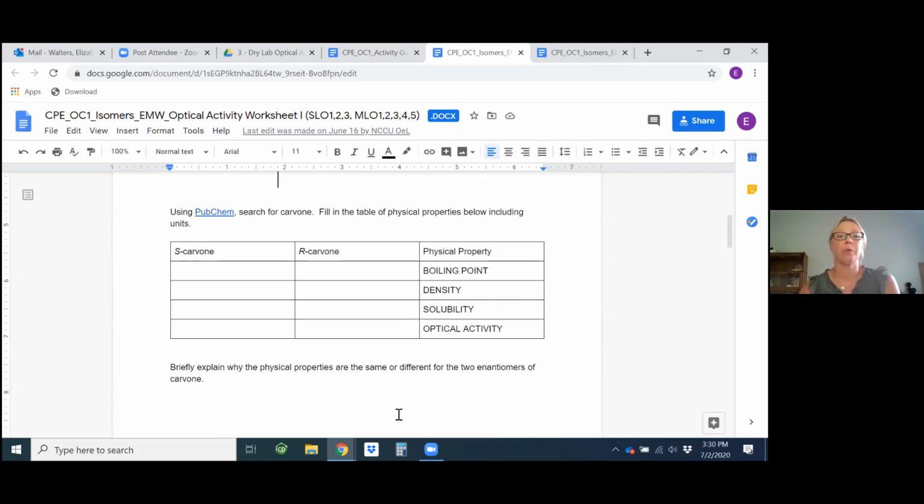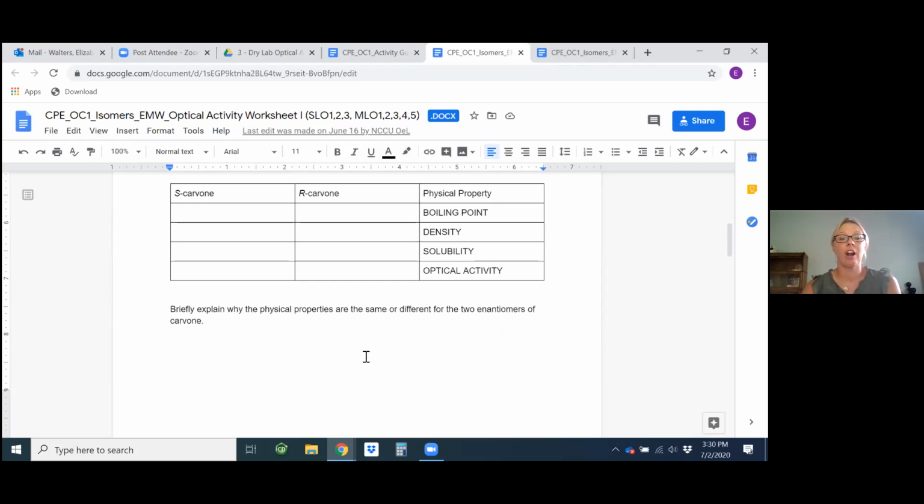So hopefully at this point, students would recognize that enantiomers have similar physical properties, and this should be a quick activity for them to complete. But then they are asked to account for why that would be, bringing in previously learned information on intermolecular forces and structural aspects of polarity.